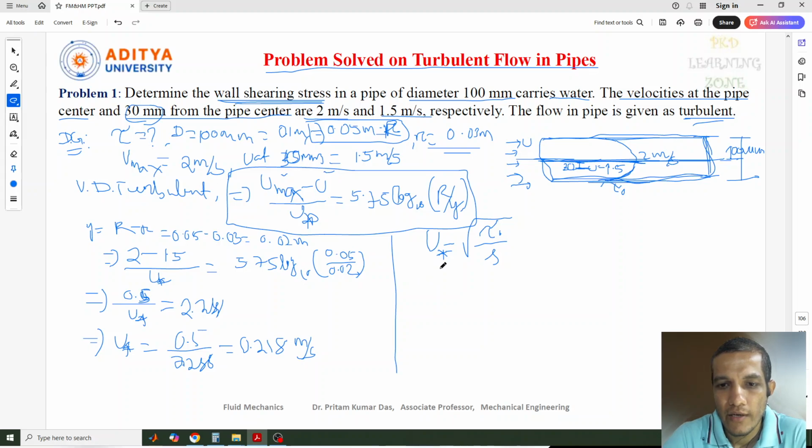Here tau naught is unknown, and we need to calculate it. Rho is known, because it is the density of the liquid flowing, that is water density. U star we have already calculated.